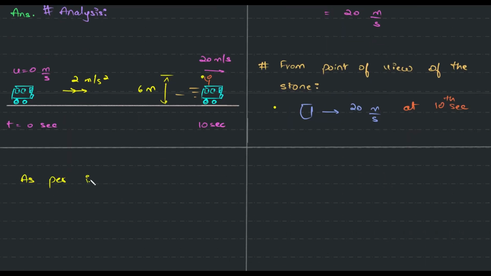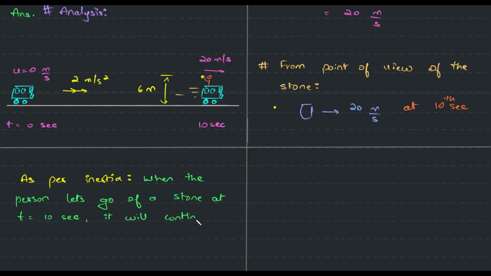As per inertia, when the person lets go of the stone at t equal to 10 seconds, it will continue to move with 20 meter per second. Yeah, as per inertia. We have written this statement, and I have given the reason as well.